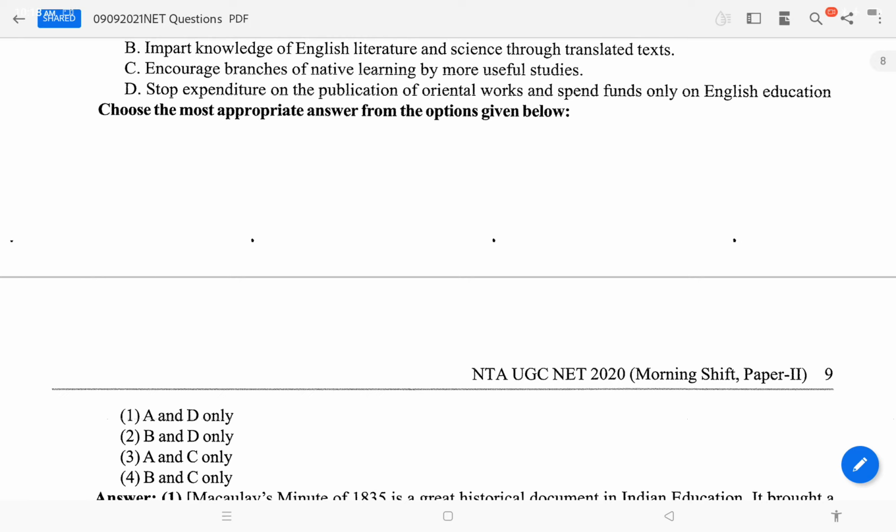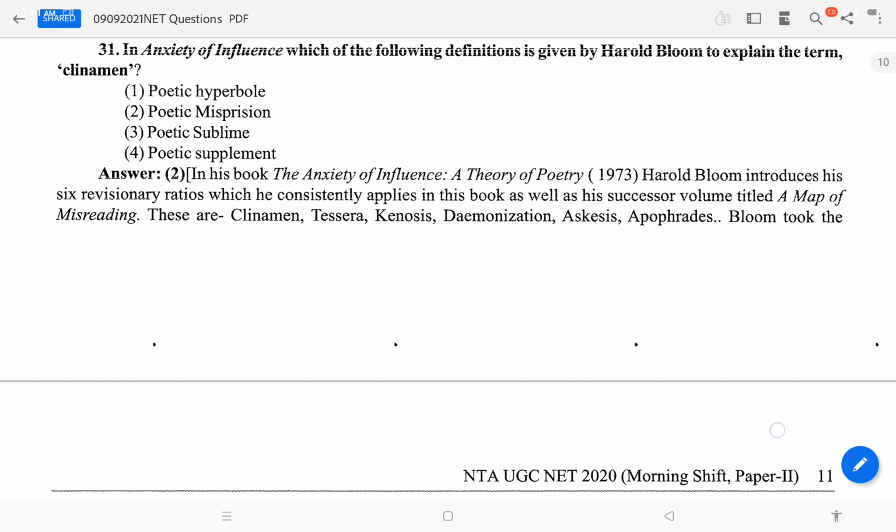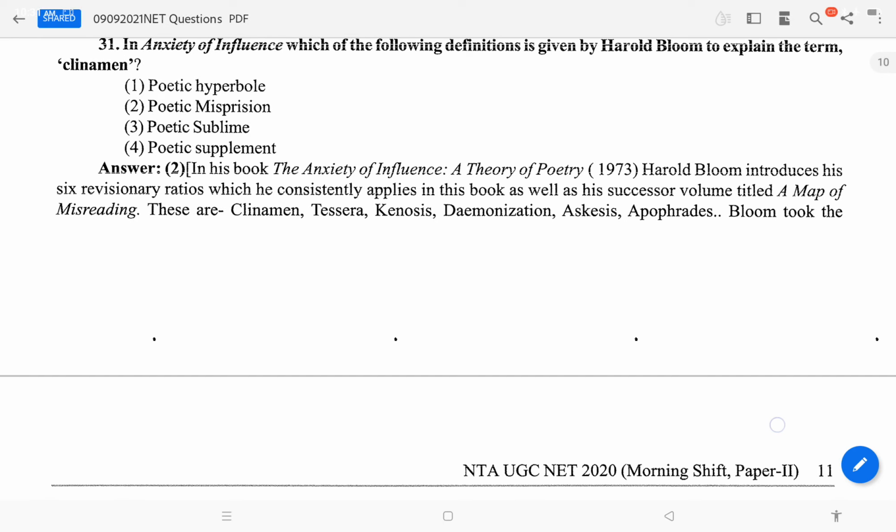In his book The Anxiety of Influence: A Theory of Poetry, which was published in 1973, Harold Bloom introduced his six revisionary ratios, which he consistently applies in this book as well as his successor volume, A Map of Misreading. So in his other book, A Map of Misreading, he also used six revisionary ratios.